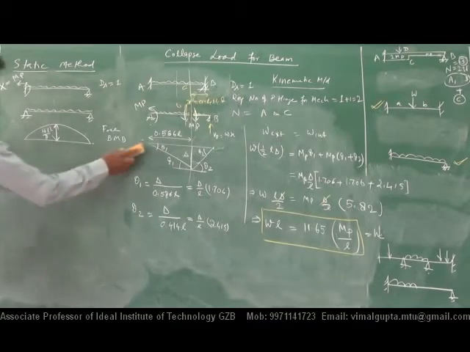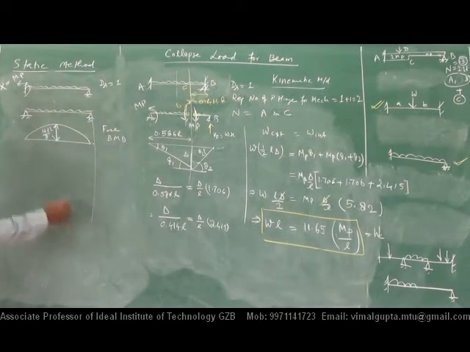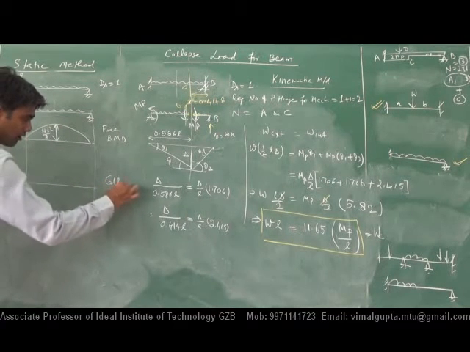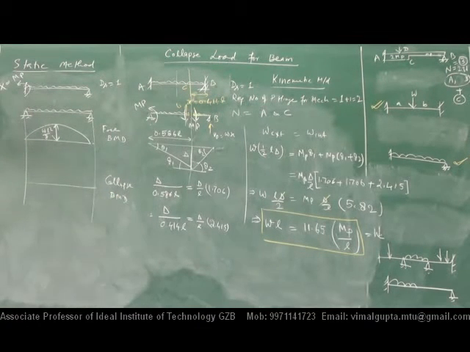Now I would like to plot its collapse BMD. To plot the collapse BMD, I have told you, the first step is to plot the BMD of the redundant.